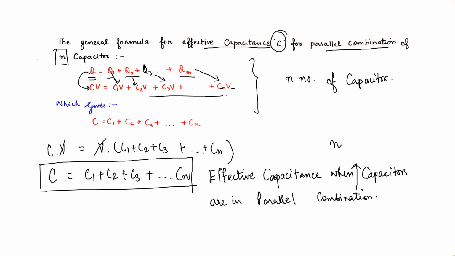Now we will just go for a short summary of what we have read in this section, and then we will end our class. Now first of all we will go for two capacitors, and here we will go for n capacitors in a similar way as we did for the series combination. Now in this case they are in parallel combination.